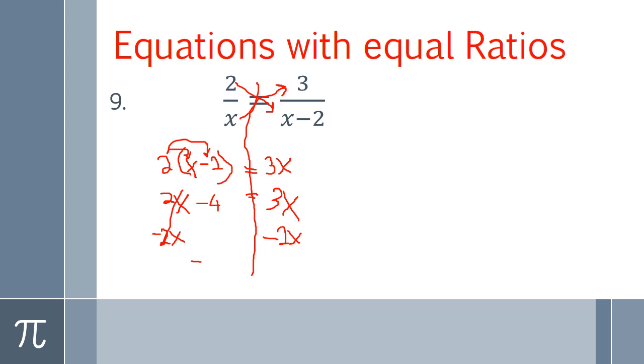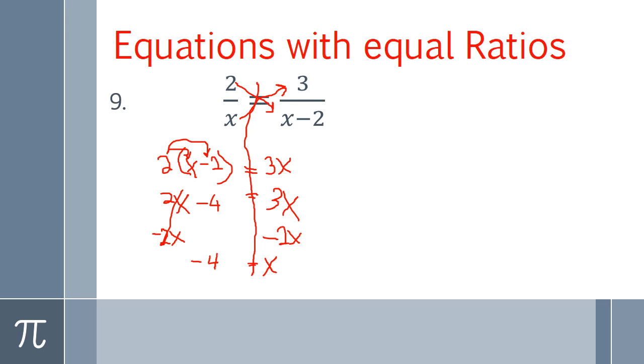And then on the right side, I'm going to end up with 3x minus 2x, which means it's going to be just x. And I'm done. x is by itself. That means I'm done with this problem, and the final value for x is negative 4.